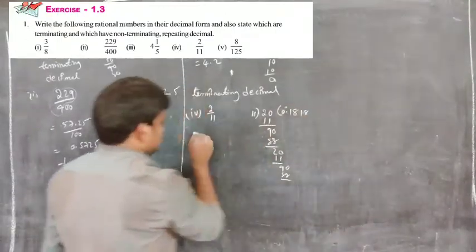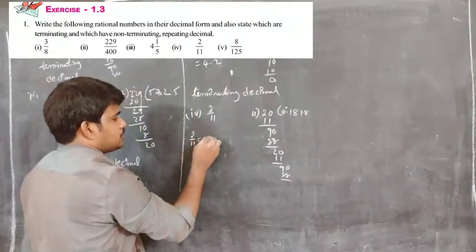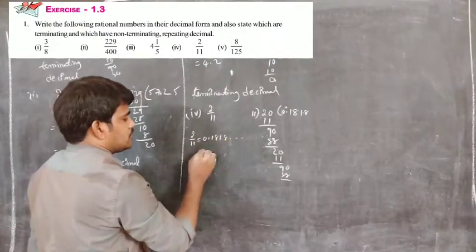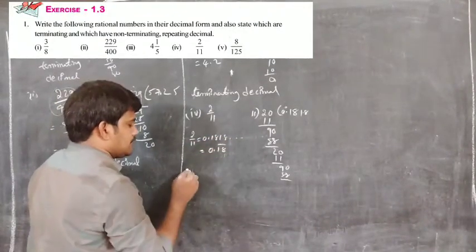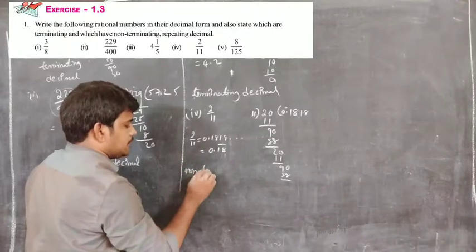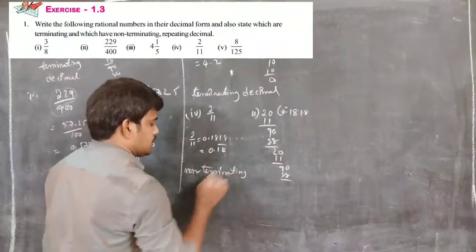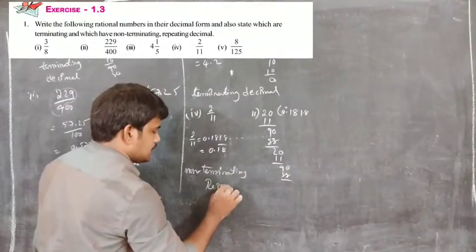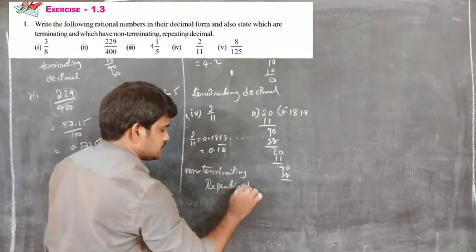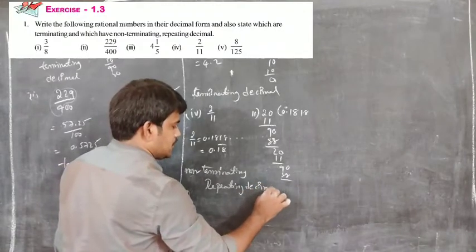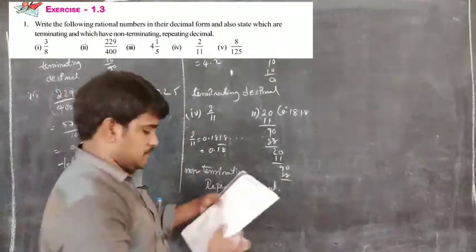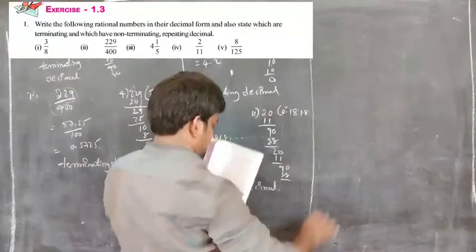So it is repeating. So 2 by 11 equals 0.1818 and so on, equal to 0.18 bar. That means non-terminating repeating decimal.